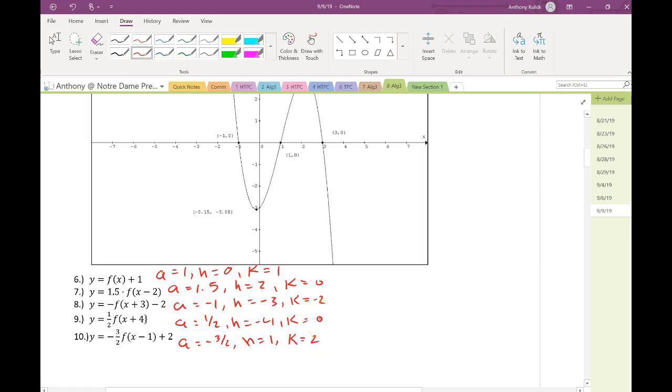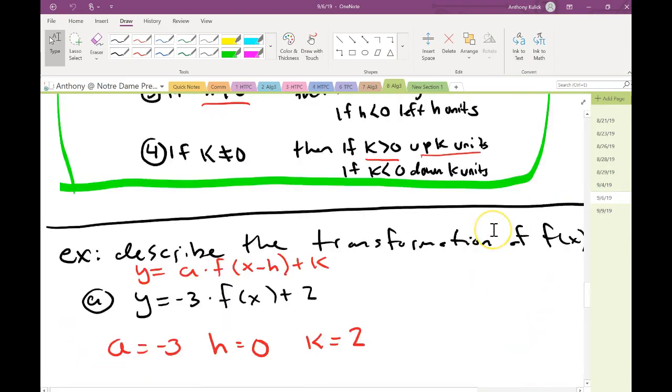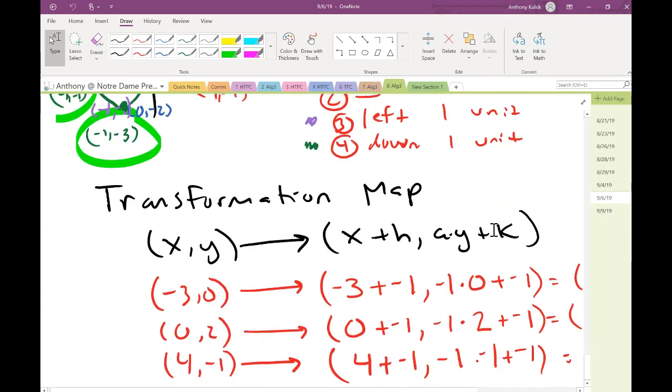And what I'm going to be doing now is I'm going to use my transformation map that we presented to you guys in the last notes. So I'm going to use this transformation map to do these transformations, and then I'm going to collect the ordered pairs and just plot them to get my new graph.